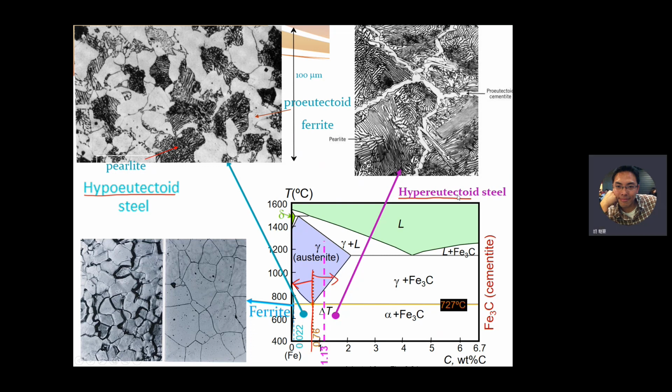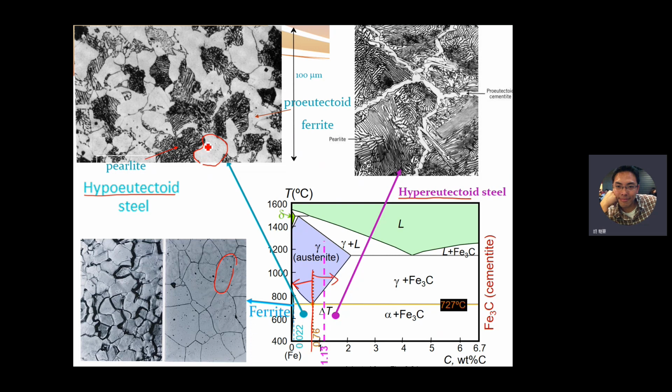Okay, and what's the structure of the hypoeutectoid steel? If we look at this microscope image, we can observe the ferrite structure, right? This is the ferrite structure right here. It's called the proeutectoid ferrite.